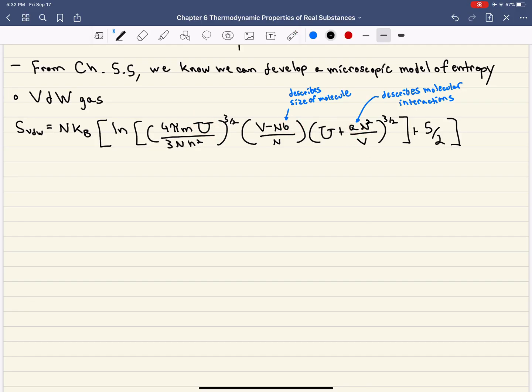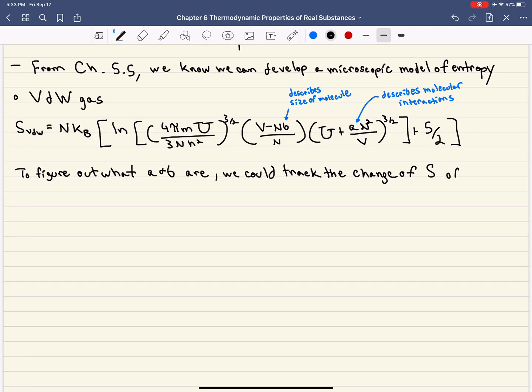In other words, to figure out what A and B are, we could track the change of S of an expanding gas.